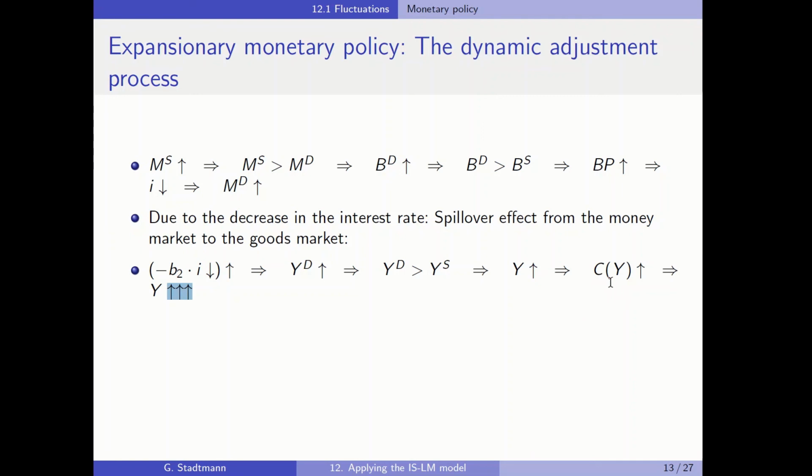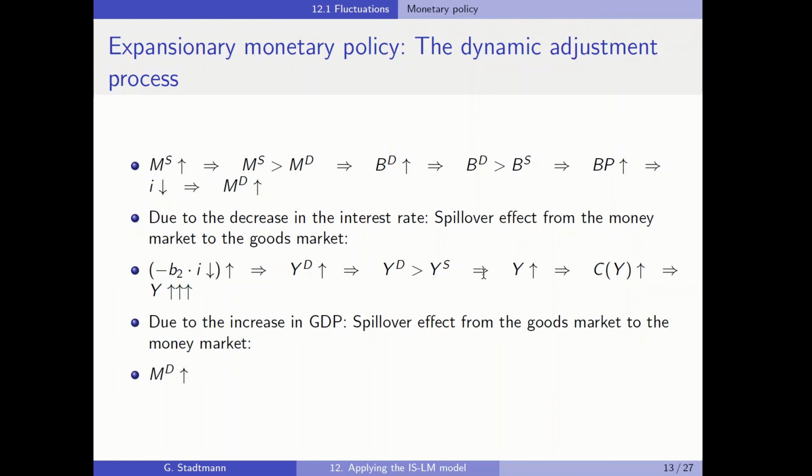This is very important to understand, that there is no direct link between money supply and consumption. There is only this indirect link via GDP. Due to the increase in GDP, we have a spillover effect from the goods market to the money market. When GDP increases, the number of transactions increases, and therefore money demand increases.